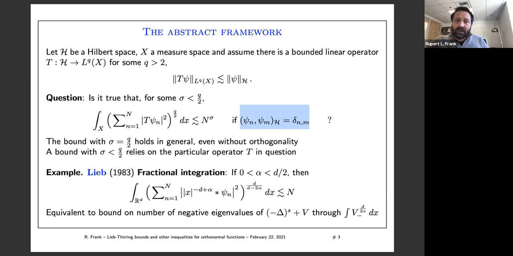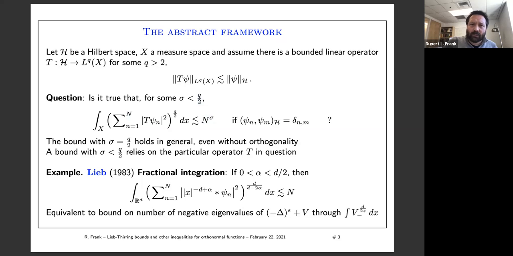Is it true that we have an inequality of the following form, where again we square the operator applied to the functions, and then, instead of taking the Q norm of these things, we take the Q over 2 norm of the square sum, or the Q norm of the square function, if you want. And we ask ourselves, can such a sum, where now I'm displaying the number of functions, be bounded by n to the sigma, where sigma is a number smaller than Q over 2?